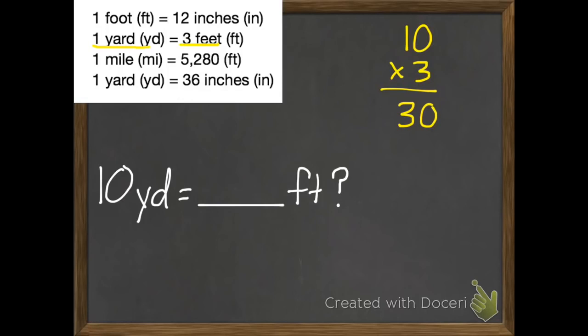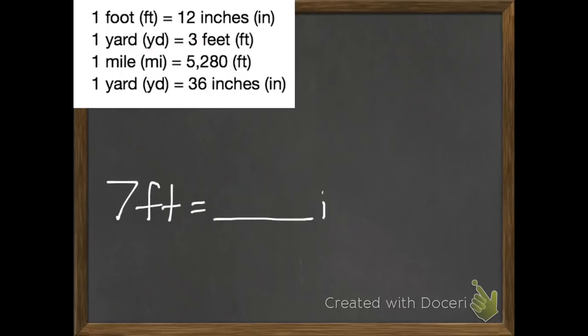Okay, I want you to try 2 more with me. 7 feet equals how many inches? First of all, again, we want to see which of these basic facts will help us. So this one has feet and inches, so 1 foot equals 12 inches, and we have 7 feet, so that's going to be 12 times 7.